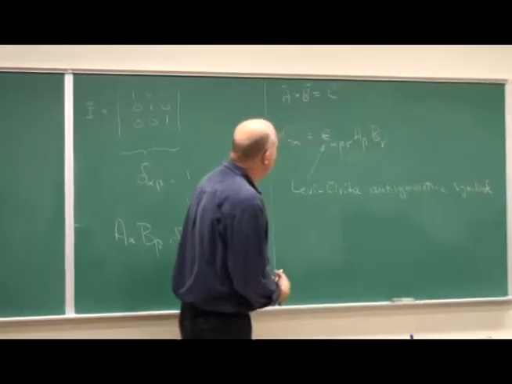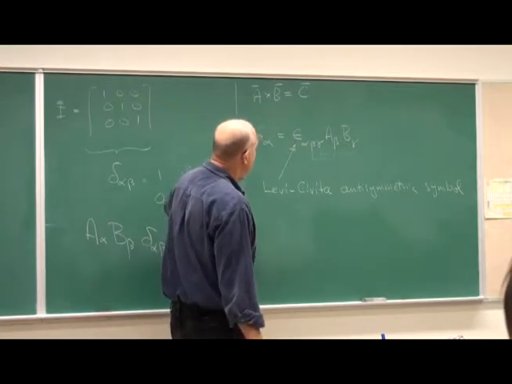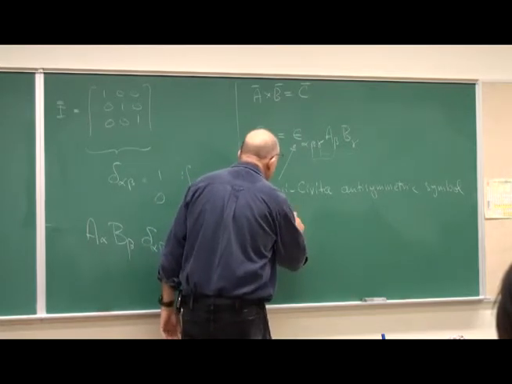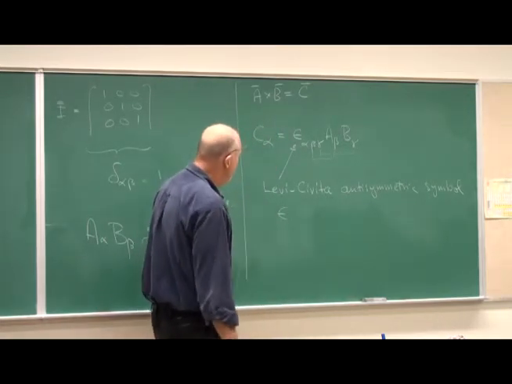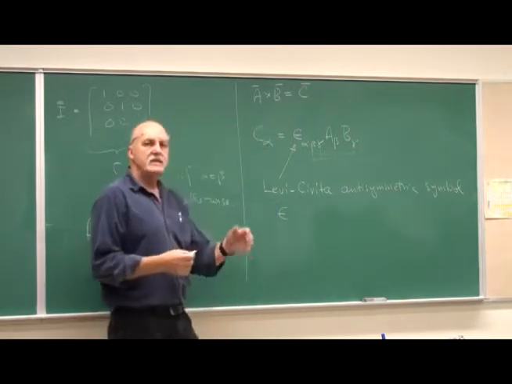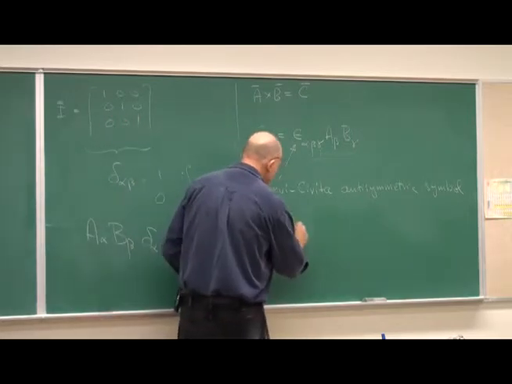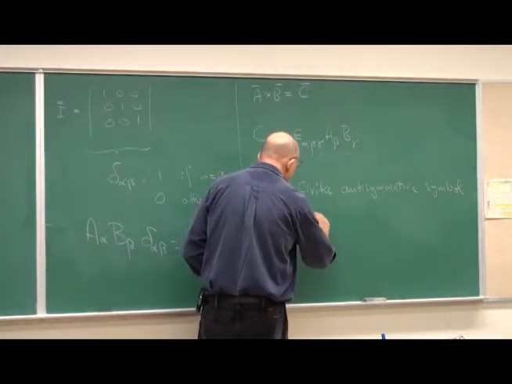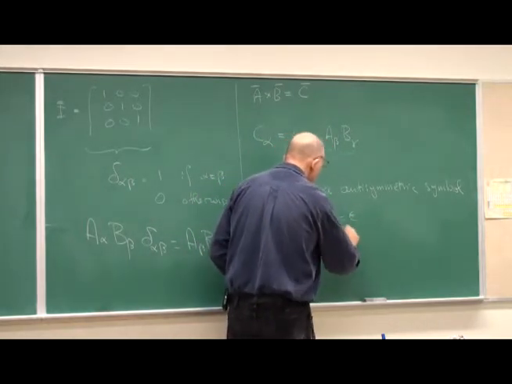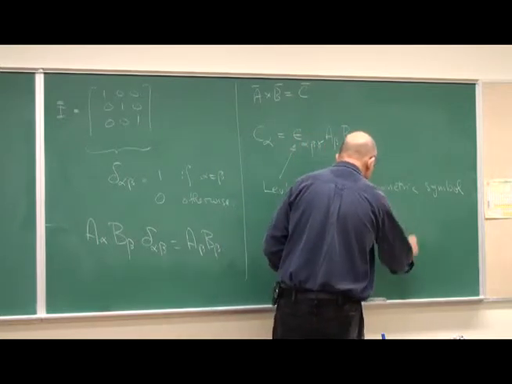If you work out the cross product term by term and meditate on that, you can convince yourself that this epsilon has the following property. Instead of x, y, z, I'm going to use 1, 2, 3. If the subscripts are 1, 2, 3, or 3, 1, 2, or 2, 3, 1, then this is equal to 1.